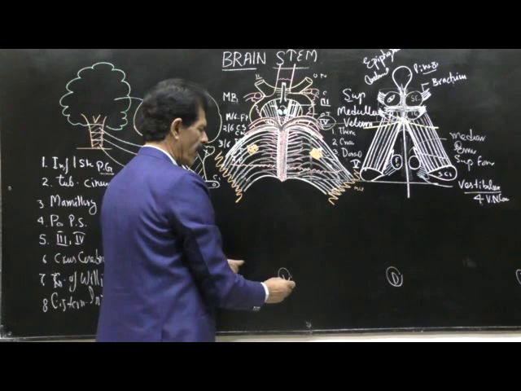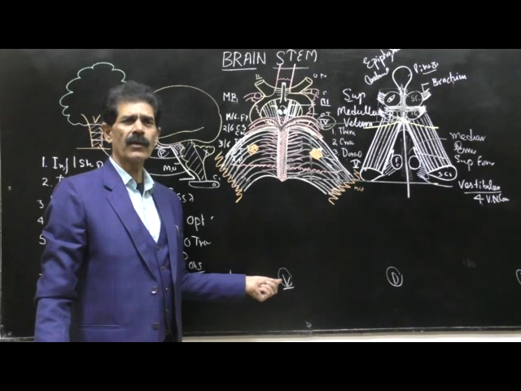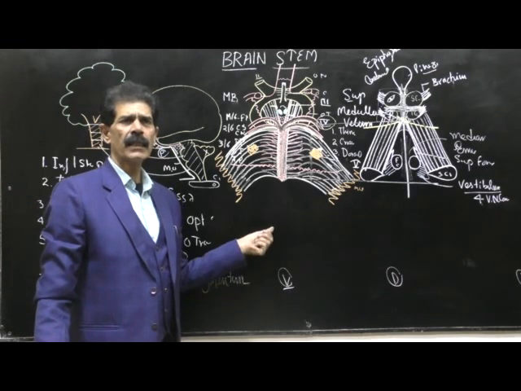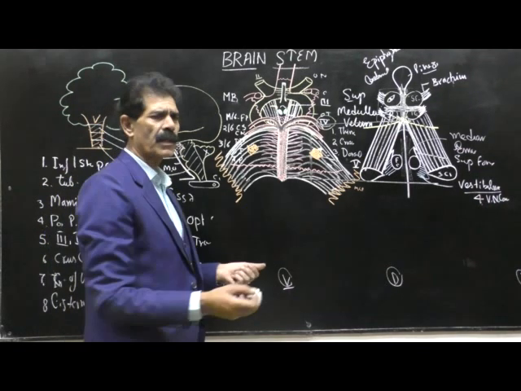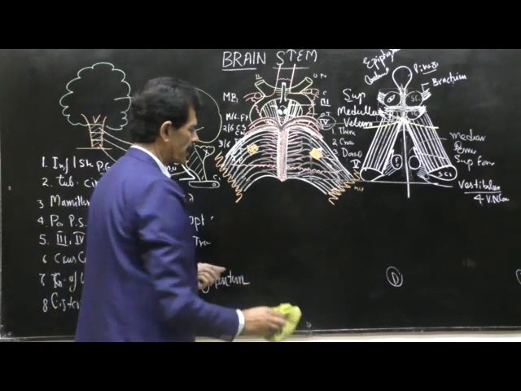Now comes the ventral or anterior surface of the medulla oblongata. Medulla is called medulla oblongata because it is oblong in shape. As we have read in botany, the castor seed has an oblong shape, and the same is the shape of the medulla. It is also sometimes called bulb shaped because it looks like an electric bulb.